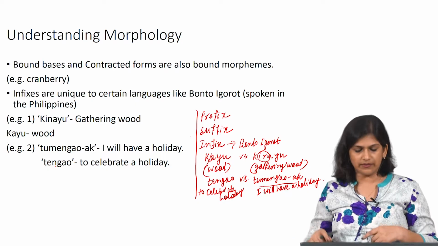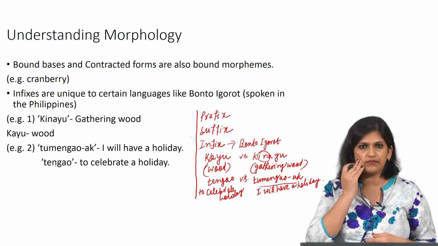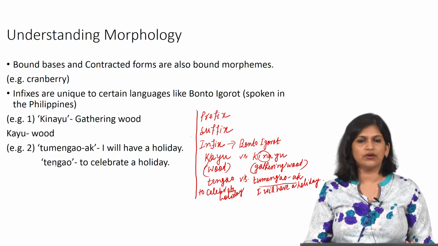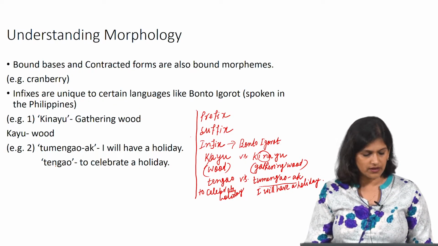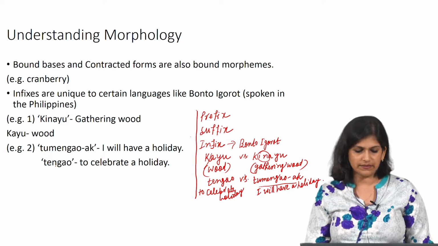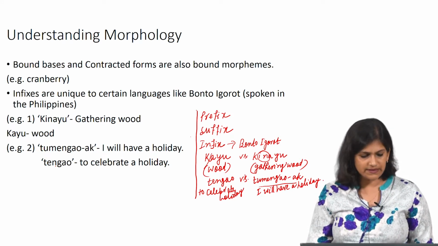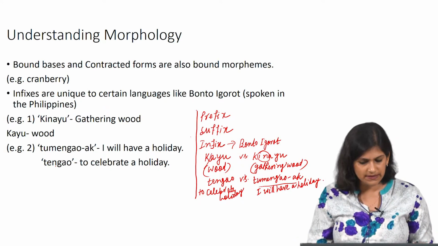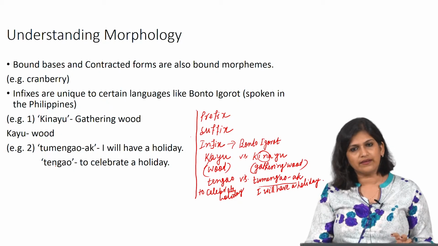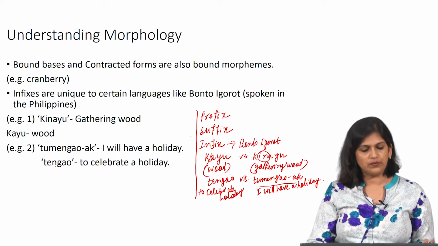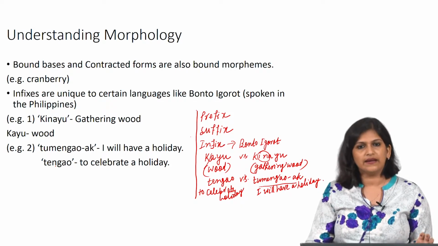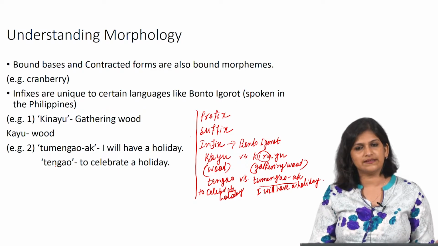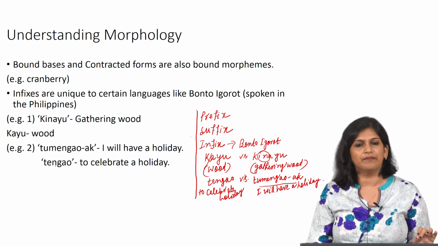In this case the examples are from English, but morphology in general can also be understood this way. These are the new concepts to understand in a discipline like linguistics and morphology. In the morphology section, you will also find examples like the combination of the bound base, a word which does not have any meaning if it stands alone, and only has meaning when it is associated with a particular word.